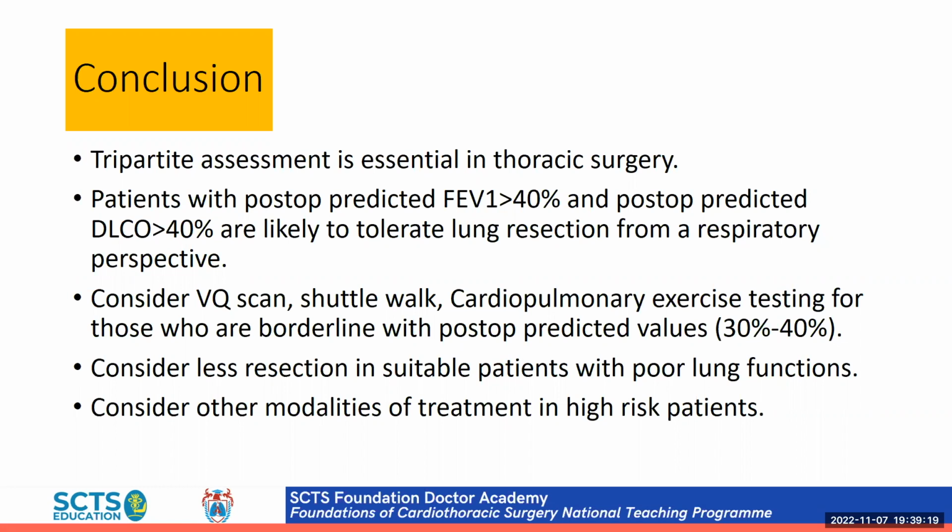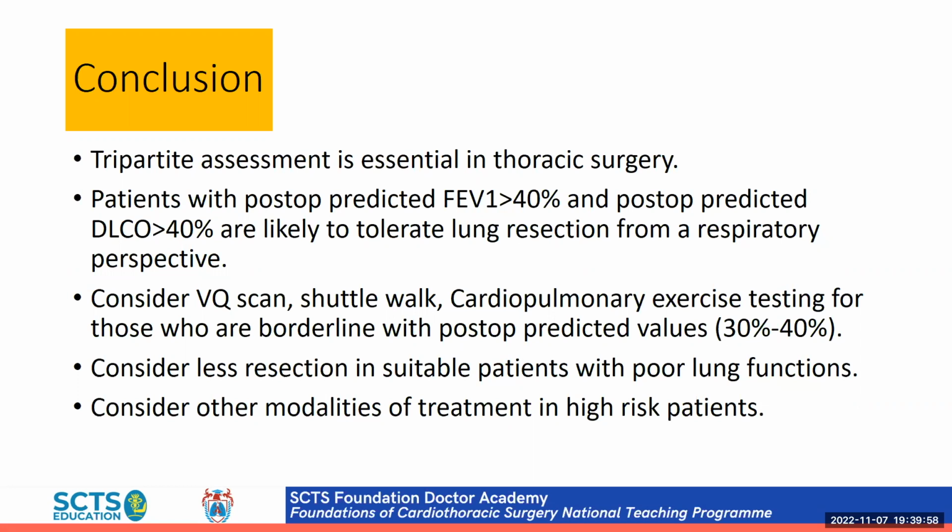Any patient should have an FEV1 and DLCO assessed, and those who have an FEV1 or DLCO which is less than 40% are at higher risk from developing complications in the post-operative period, and they might need to be assessed by other tests, including VQ scan, shuttle walk test, cardiopulmonary exercise testing, and we said that we can accept patients who have a lower predicted FEV1 and DLCO down to 30%, as long as they are accepting the risk and as long as they are accepting they might need home oxygen.